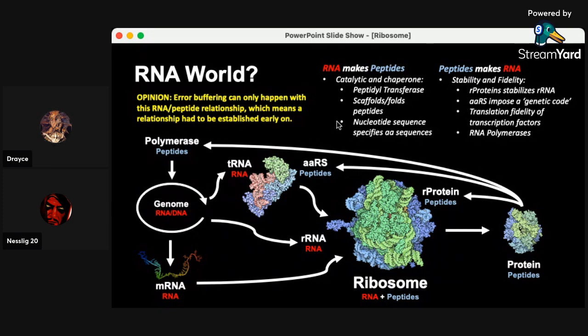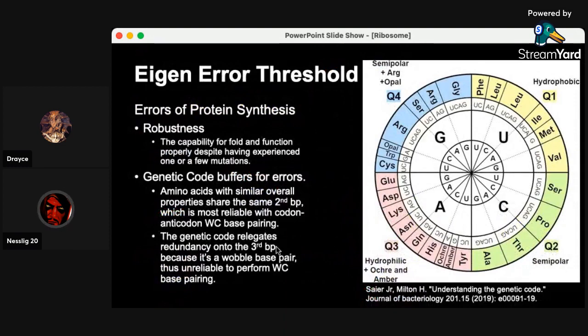Yeah. Although the third base pair is reliable when you talk about pyrimidines or purines, right?